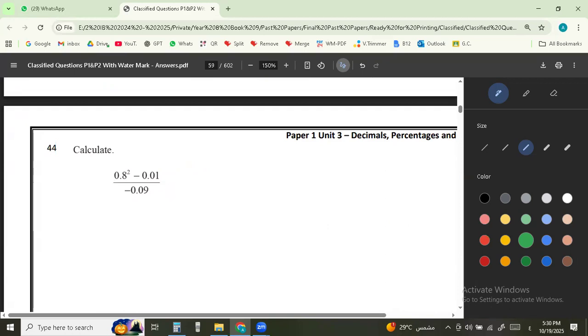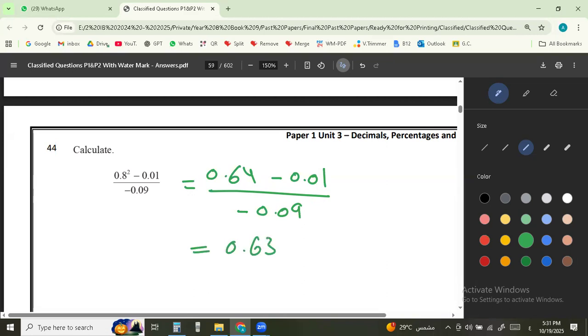Here, 0.8 squared minus 0.8 times 0.8, which is 0.64 minus 0.01 over negative 0.09. Subtraction here is going to be 0.63 over negative 0.09.